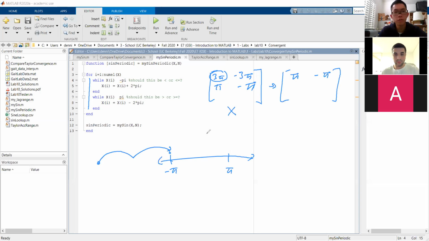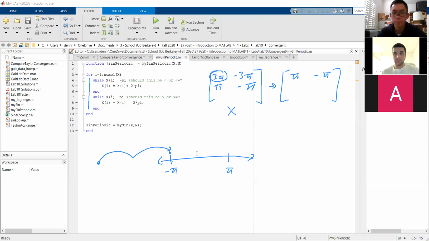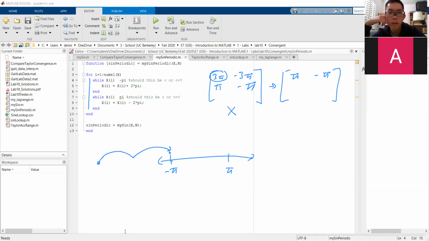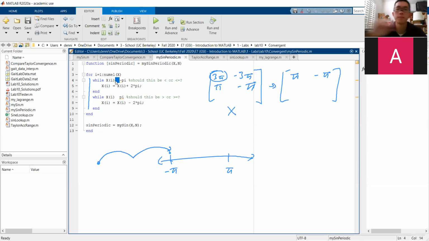Check the PDF on this. I want people to take a look at that and see which one of these is true. So I'll give you guys a minute to look at that. Should this be a less than or less than or equal to? And explain why. The answer to this is, if we're at negative pi, do we keep going?